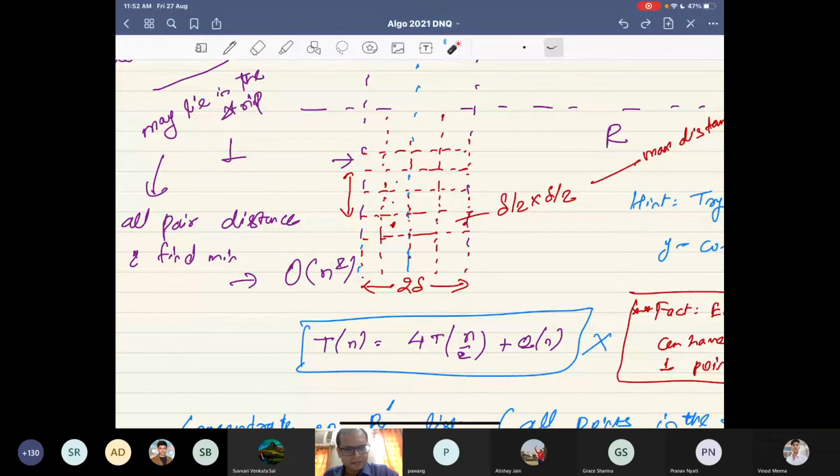And actually, I'm sorry, I have to compare also with this. So I have to compare with 12 squares.